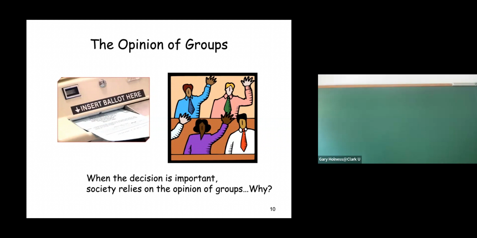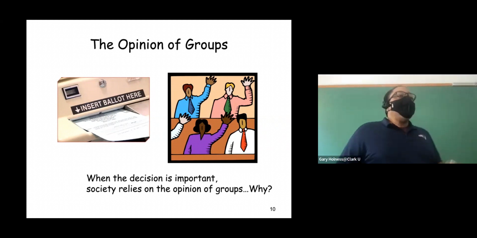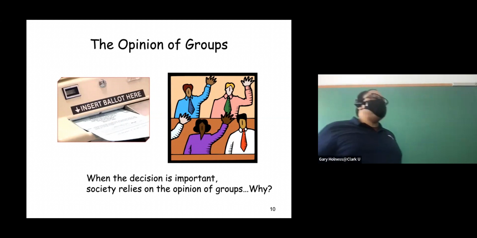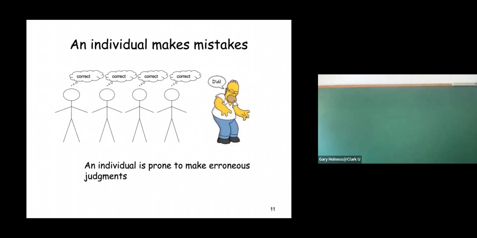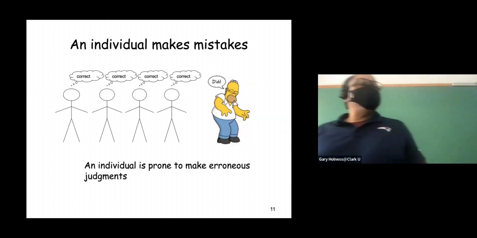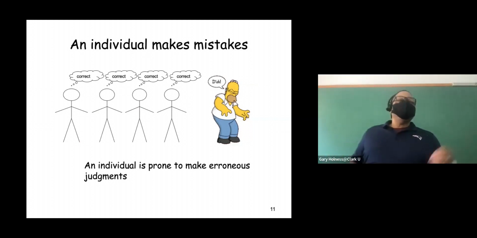If something happens on the street and you ask 10 people what happened, you're going to get 10 differing opinions on what happened. So the idea that an individual is prone to errors in judgment is the whole reason why we defer to groups when it's really, really important.